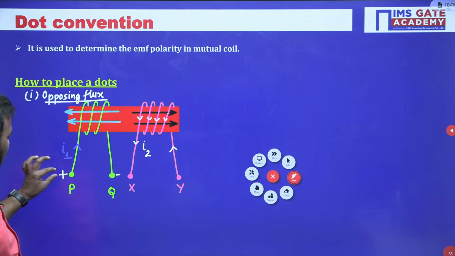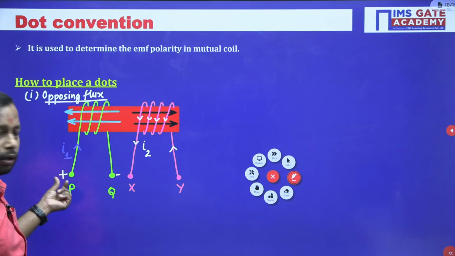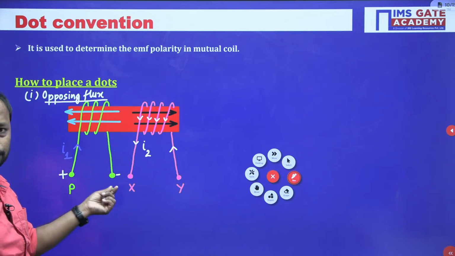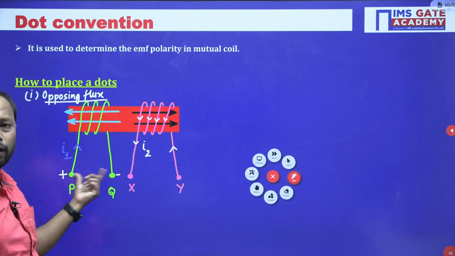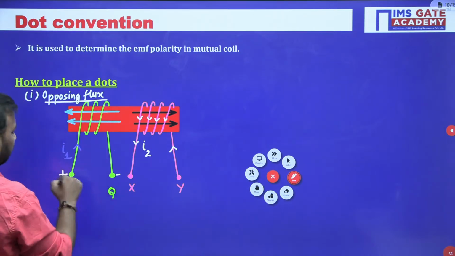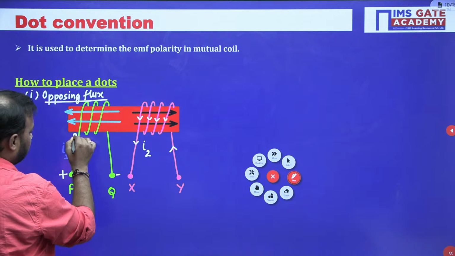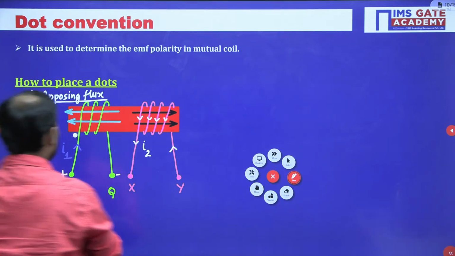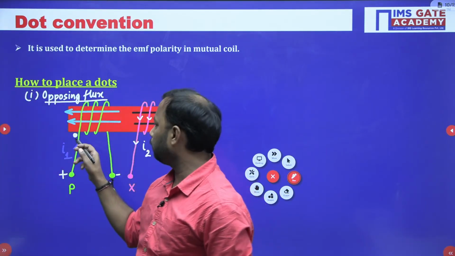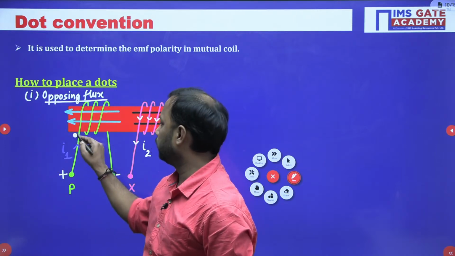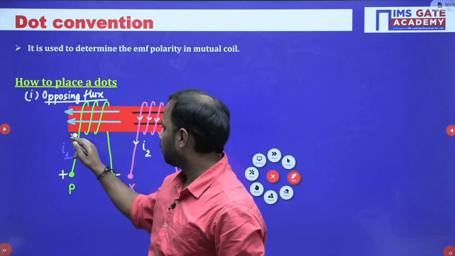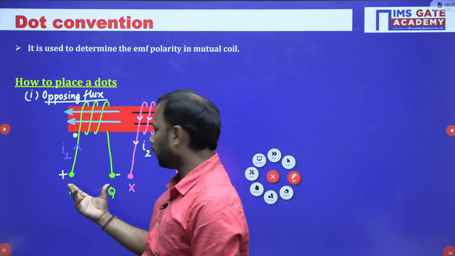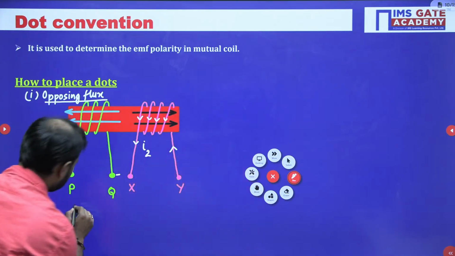So either you can put a dot in plus or in minus. Only at one point we need to place a dot. Let me take, I am placing a dot at positive side. So this dot will tell me that it is positive. क्योंकि ये तो पता है ना, this is given to me.